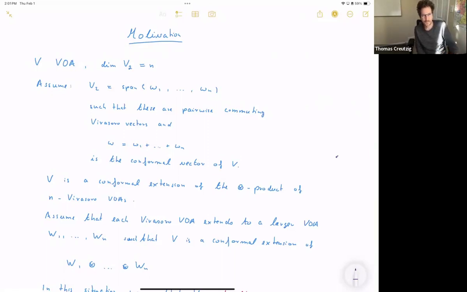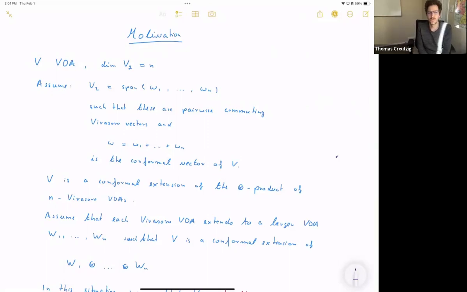So we believe that basically every VOA can be built out of parts. If you think about the VOAs that you know, any VOA that I know at least is somehow built out of an affine VOA. You can take tensor products of affine VOAs, that's a VOA again.